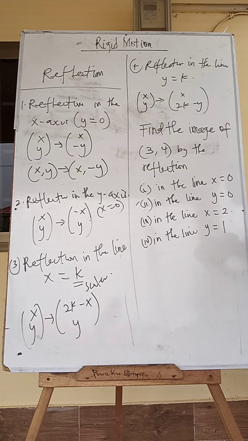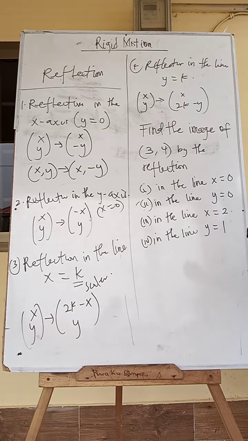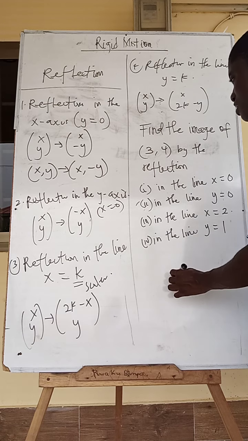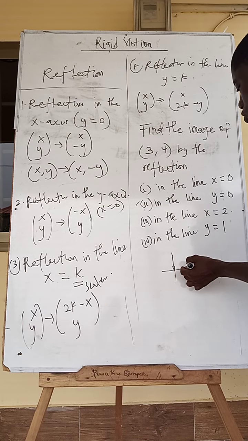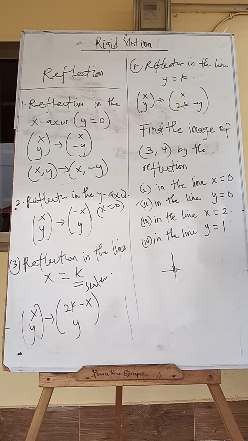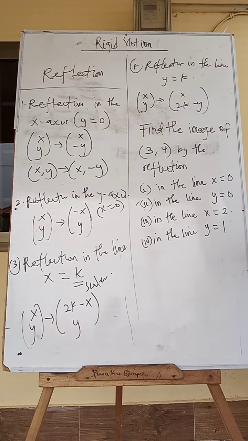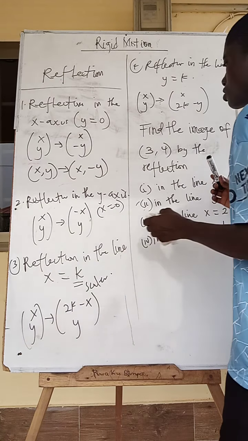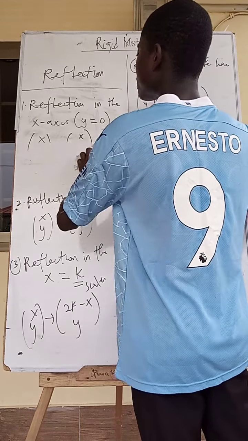Don't forget, at x-intercept, y is always 0, so that is reflection in the x-axis. And reflection in the y-axis, at y-intercept, x is always 0. So reflection in the y-axis is the same as reflection in the line x equals 0. So take note of the formulas that we are writing.